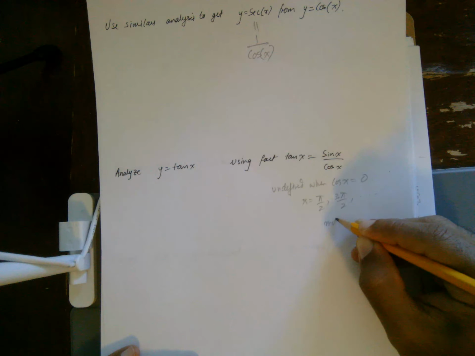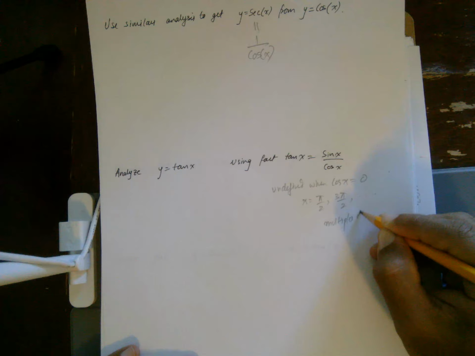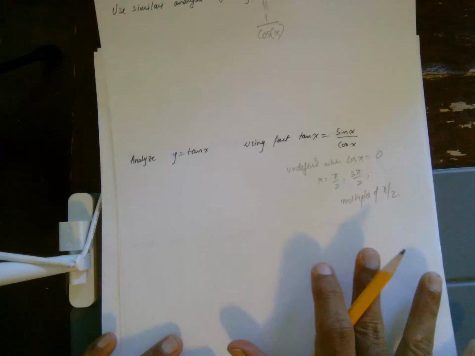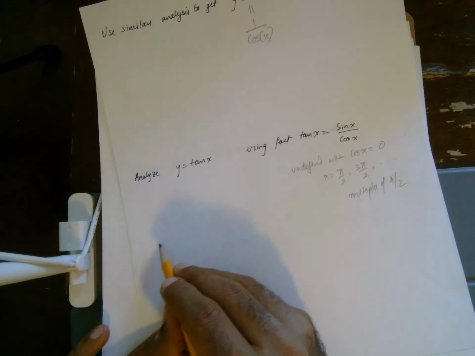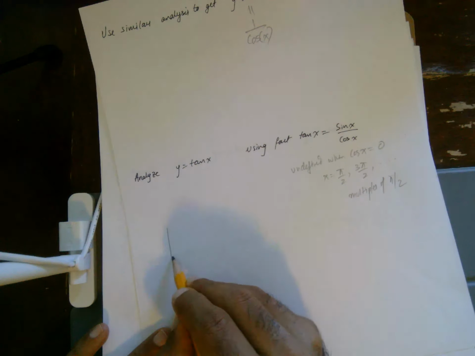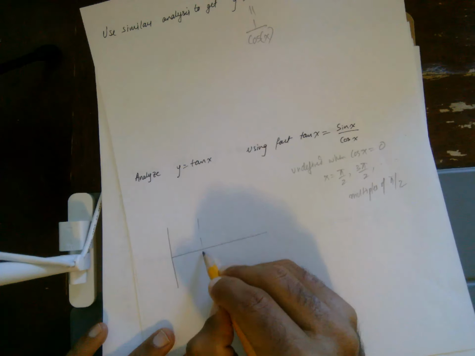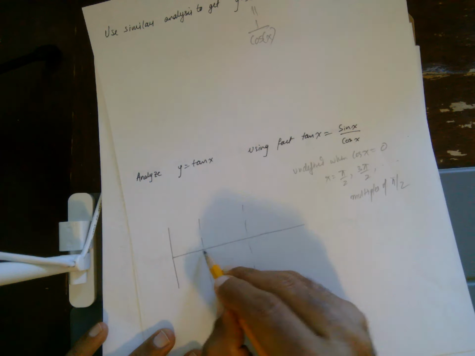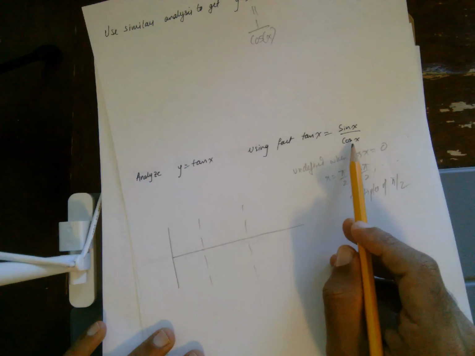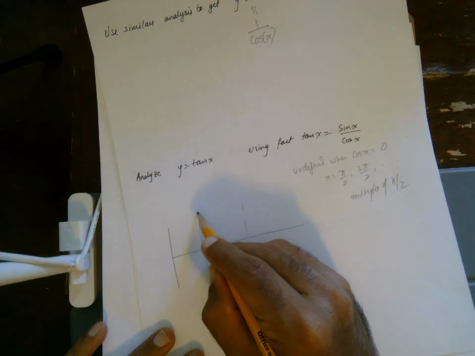What we are going to call odd multiples of pi over 2. So at pi over 2, it's undefined.